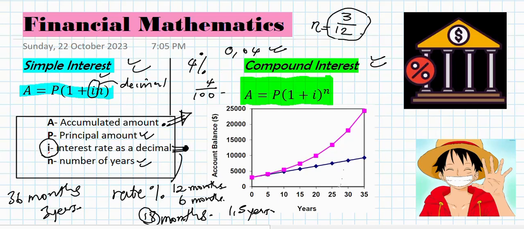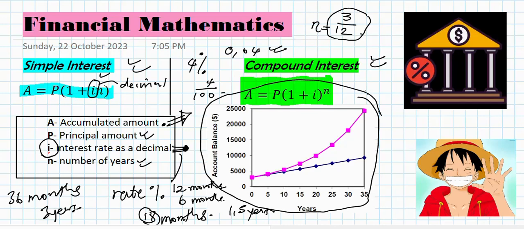And then here I have a little graph. I hope you can see the graph, whereby it shows the account balance. Before I move on to this, please don't forget the difference between the simple interest formula and the compound interest formula, whereby the compound interest formula has an exponent of N, whereas in the simple interest formula, we multiply the N with the I, right?